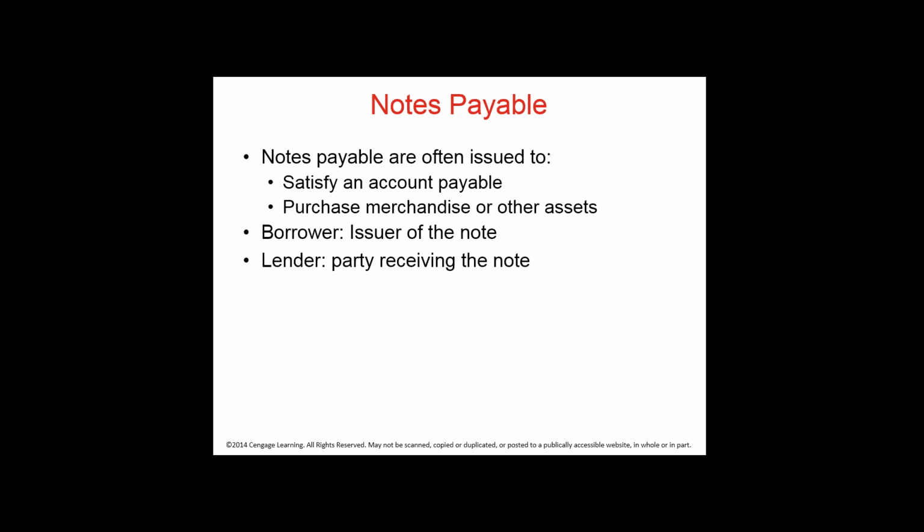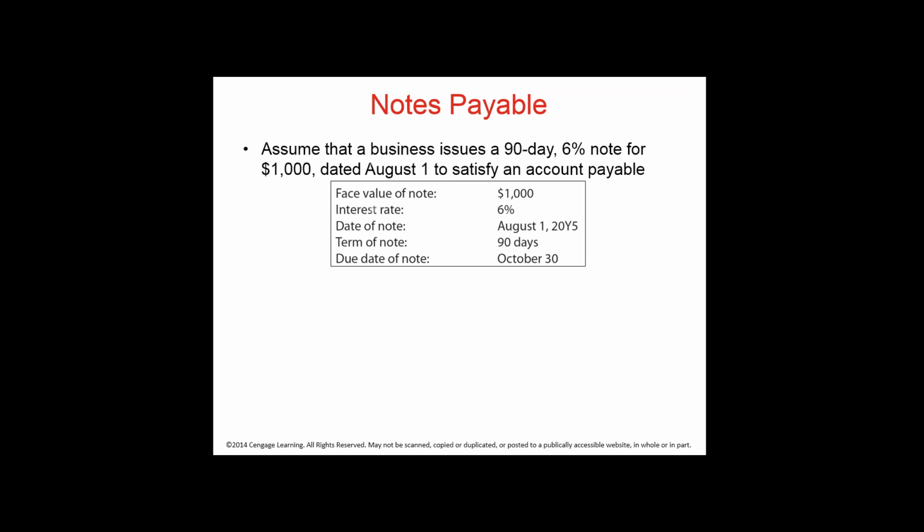Very similar to notes receivable. And because a note is a more formal document, and generally for a longer period of time, there generally is interest assessed on the principal. So let's assume that a business issued a 90-day 6% note for $1,000 to satisfy an accounts payable. What this is telling you is there's already an accounts payable for $1,000 on the books.